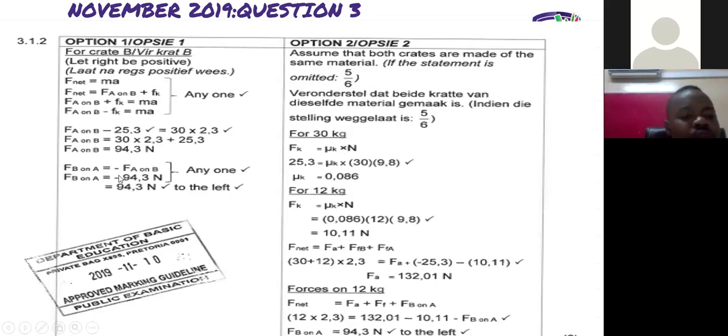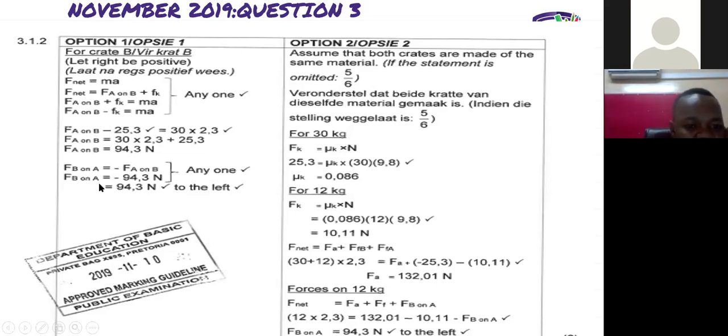How do you know that? Because you have solved for the force that A exerts on B, which is positive, which is to the right. So the one that B exerts on A will be equal to the one that A exerts on B, but in the opposite direction.